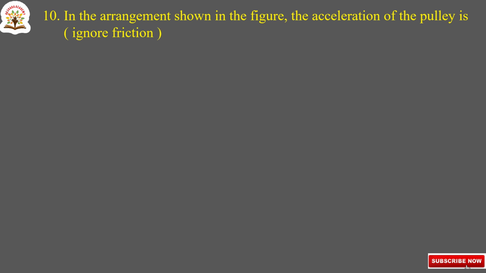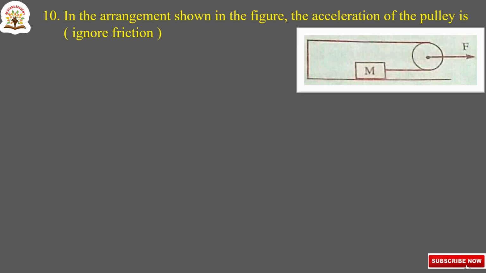In the arrangement shown in the figure, the acceleration of the pulley is, now here we have to ignore the friction. See the figure, and in this arrangement the acceleration of the pulley we have to calculate.